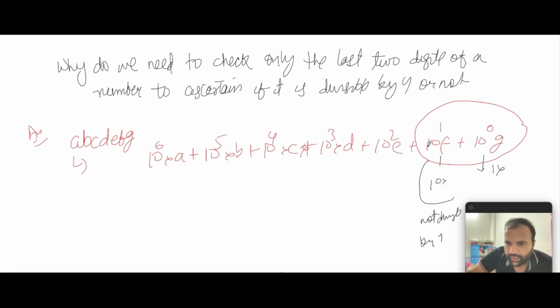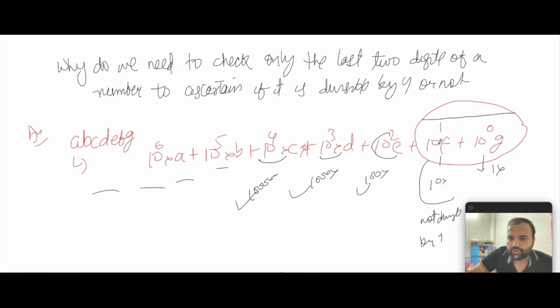But if you move ahead from here, it would be 100 into something, then 1000 into anything. If you keep going this way, you will see that all these numbers are already divisible by 4. The only numbers that are not necessarily divisible are these two places.